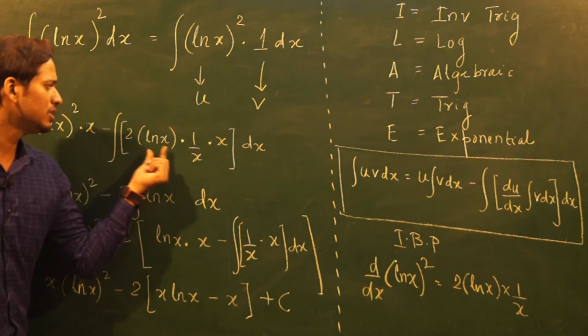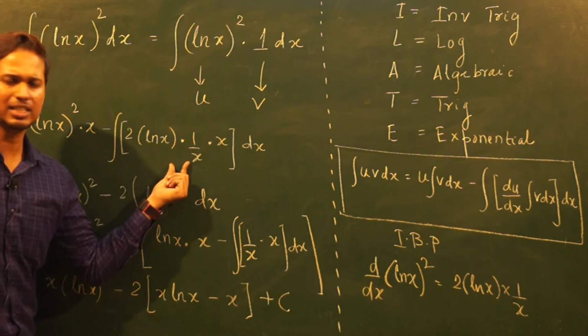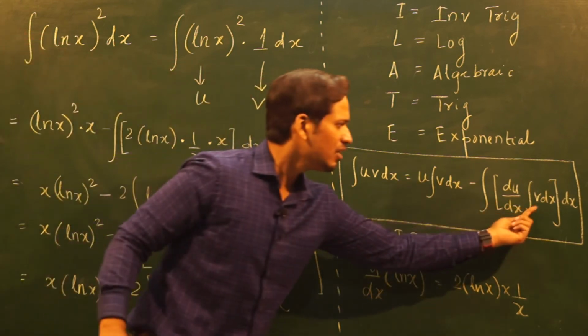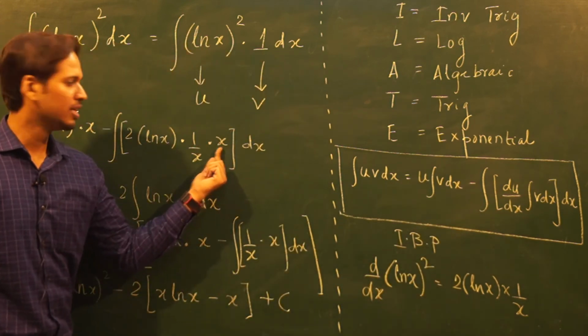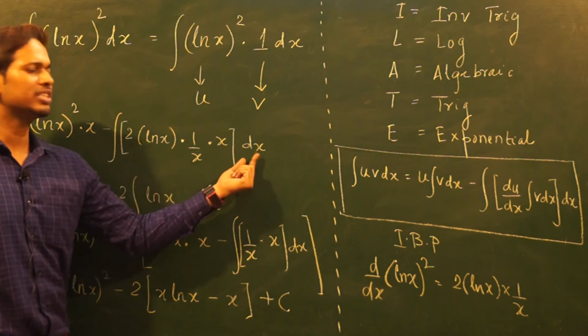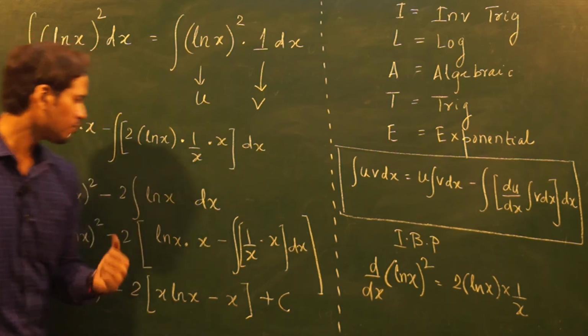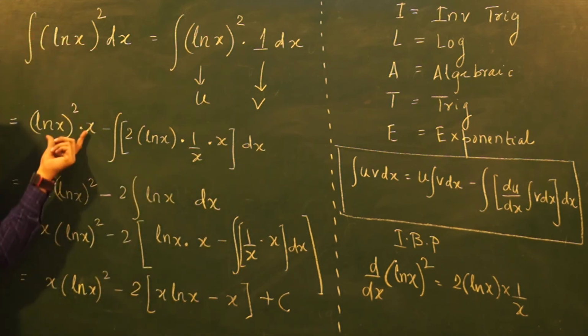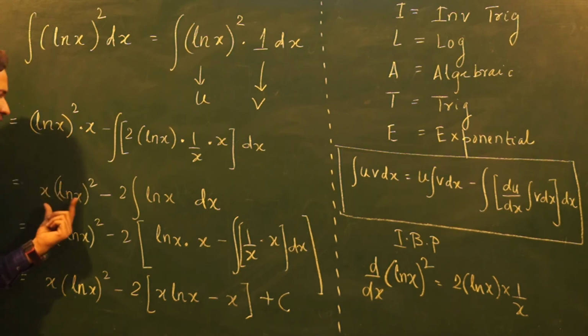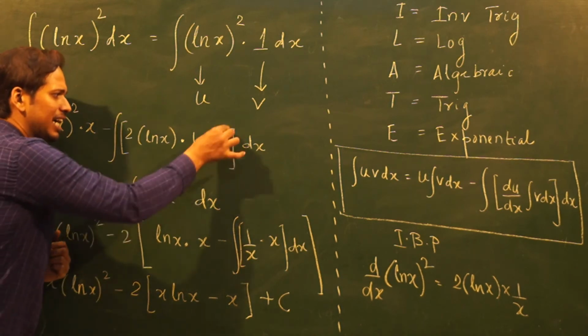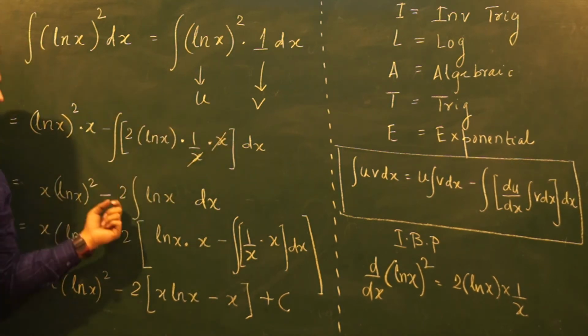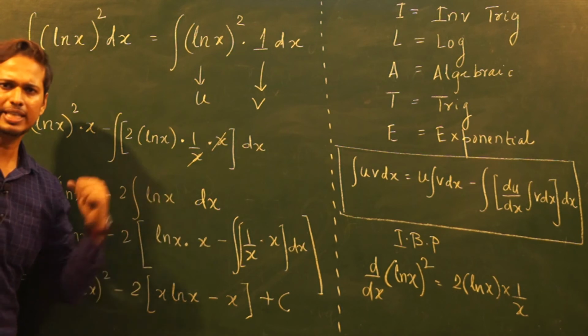So this becomes 2 times ln x into 1 by x, and the integral of v dx, the integral of 1, is again x. When we simplify, it becomes x (ln x) whole square minus, and this x and this x cancel, so it is simply the integral of 2 ln x dx.